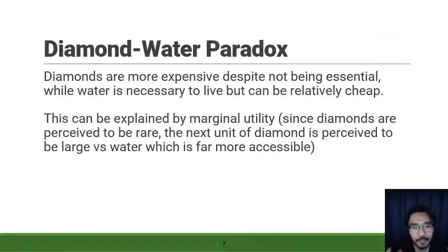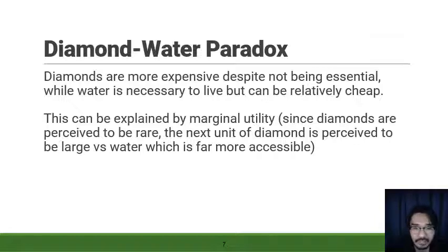right? Versus with water, wherein 75% of the world is composed of water. It's comparatively easier to access, especially in the Philippines where we have a ton of water. So therefore, the cost to water is comparatively lower, right? Because the cost in order to avail of the next unit of water, the next bottle of water or next glass of water, isn't quite as difficult to access or to secure, right?